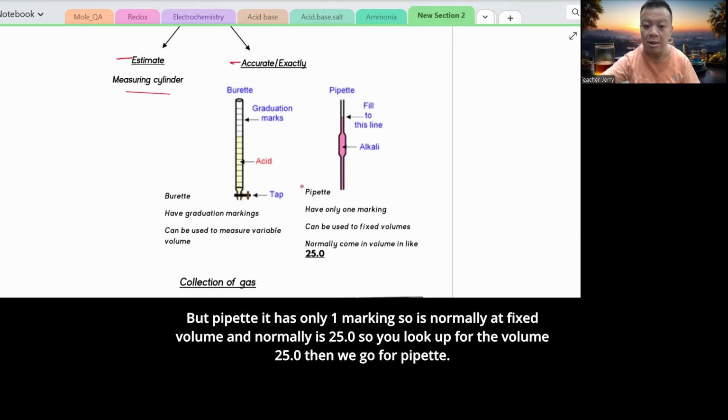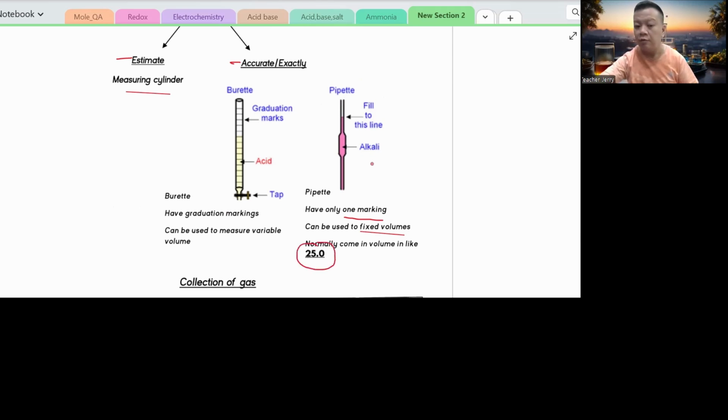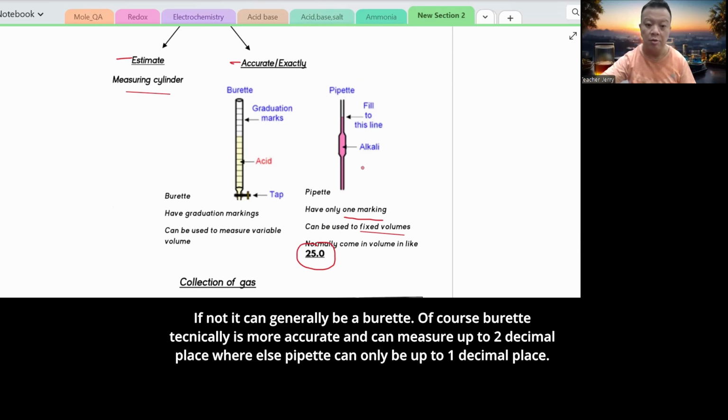But the pipette is more fixed. It has only one marking, so it's normally a fixed volume, and normally in our lab it is 25.0. So we look out for the volume 25.0, then we go for the pipette. If not, it will generally be a burette. Of course, the burette is technically more accurate and can measure up to two decimal places, whereas the pipette can only go up to one decimal place.